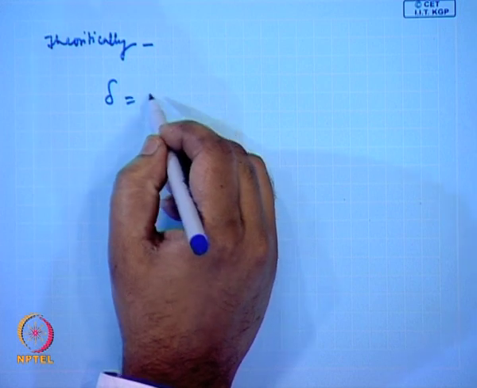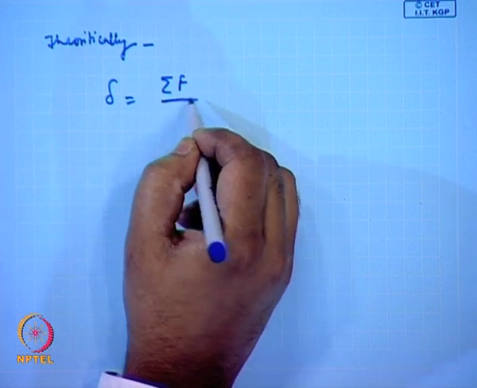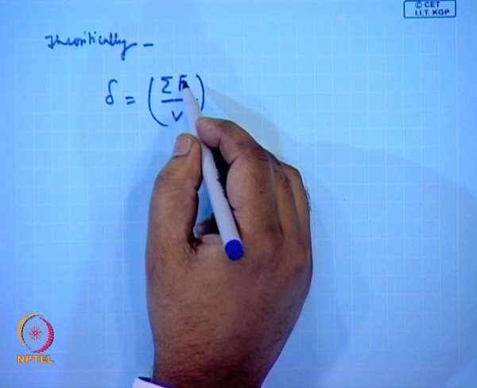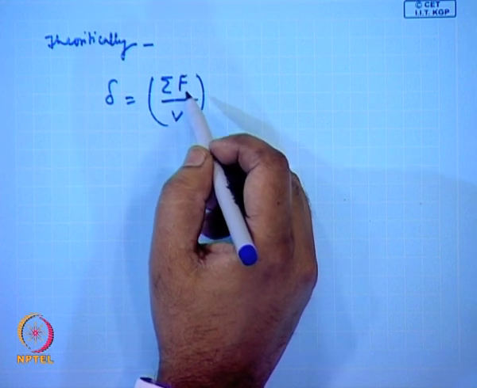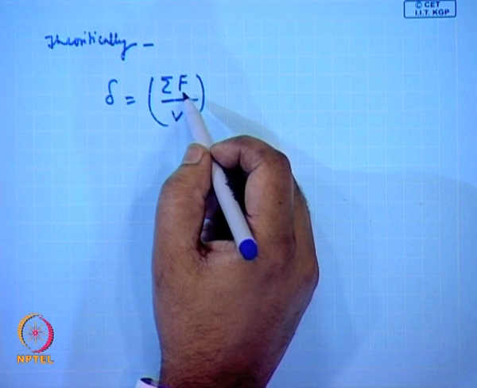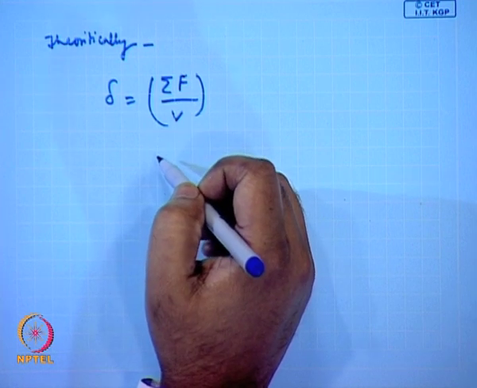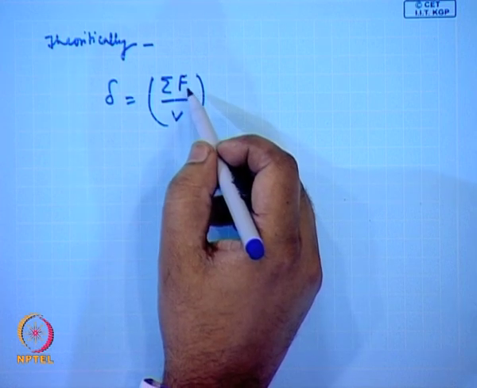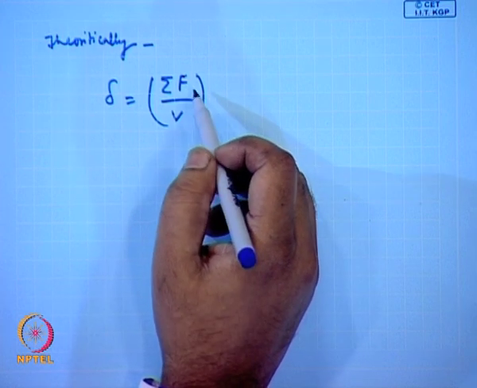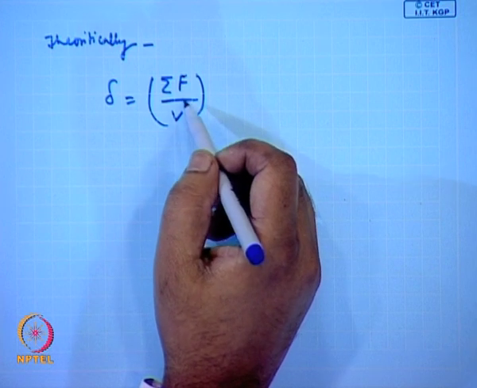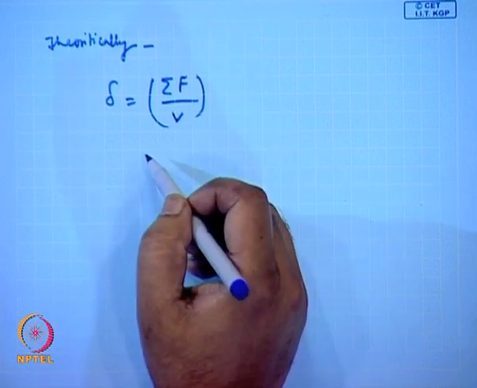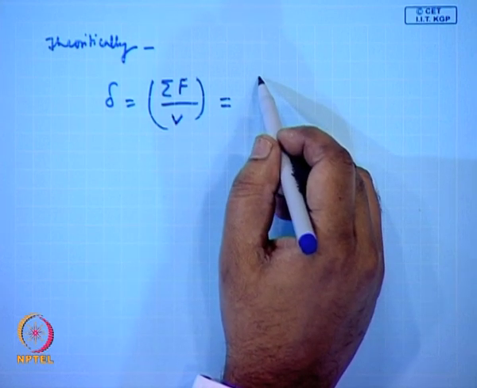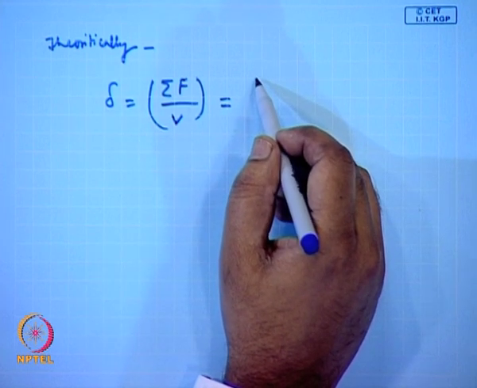Delta is the sum of F divided by molar volume, where F is the contribution from different groups. If you can dissect the polymer into different parts, these values for F are available in literature, so you can add those, and this is the molar volume. You can also write this in terms of density and molecular weight.